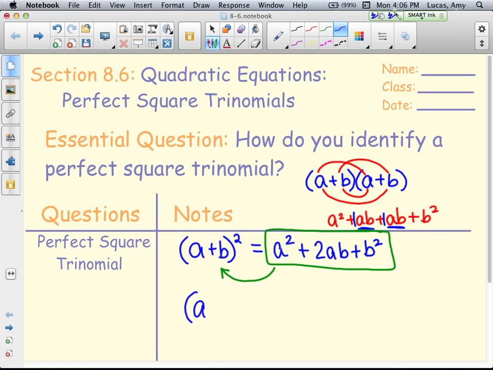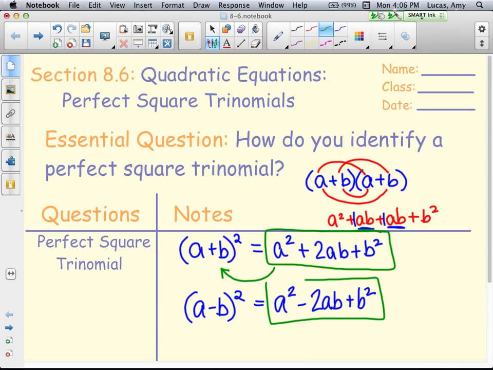If I had FOILed (a minus b) instead, I would get a squared minus 2ab plus b squared, and that would also be a perfect square trinomial.